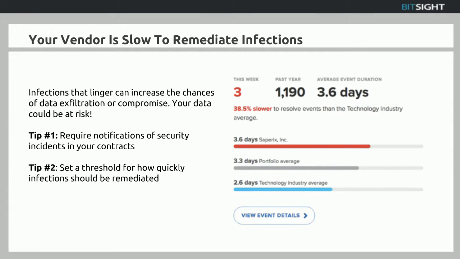And really, what you see on the right here is a way in which you can use BitSight to monitor how quickly companies are resolving issues. And if you don't see that companies are quickly resolving issues, then you can go back to that contract and make sure that the vendor is actually following through on the commitments that the vendor made to you in the contract.